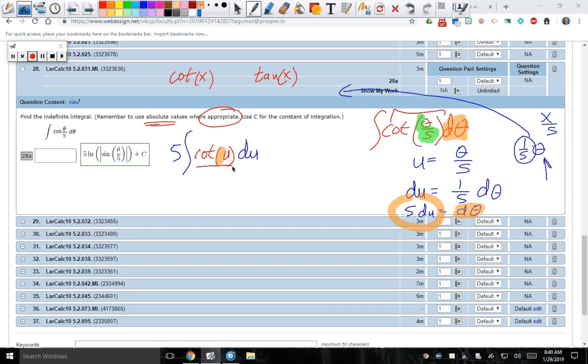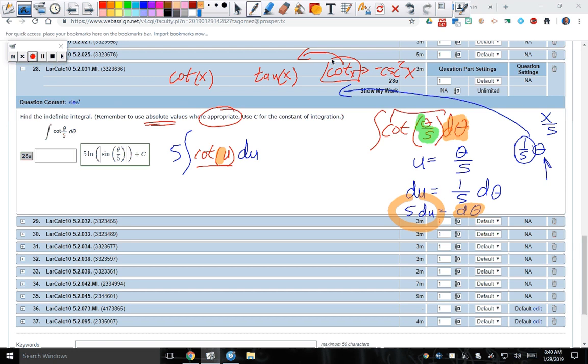Okay, so I know that cotangent's derivative is negative cosecant squared. But what I'm asking is, do we know the antiderivative from this? The answer should be what? No, we don't know.